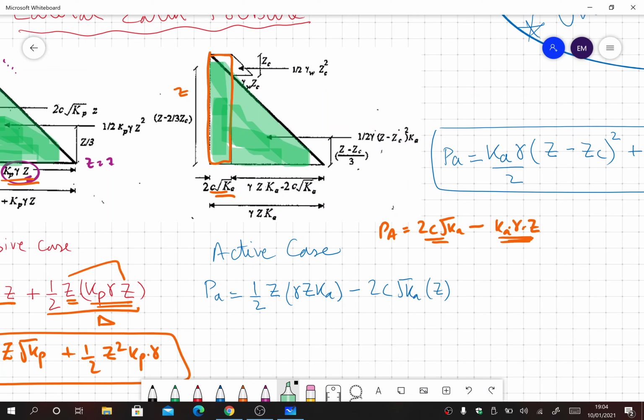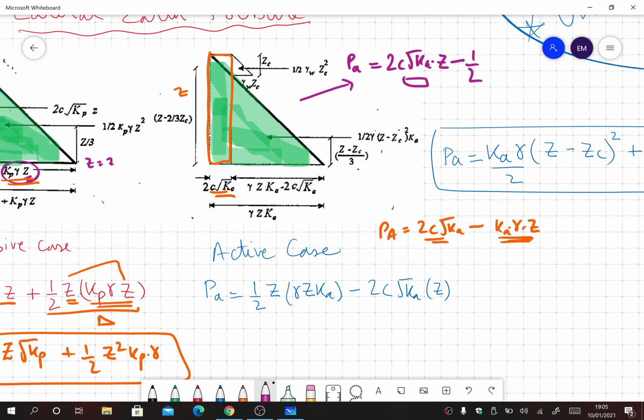So we find the area of the rectangle first. This is PA: the area of the rectangle is 2c under root Ka multiplied by z, minus the area of the triangle, so minus half.